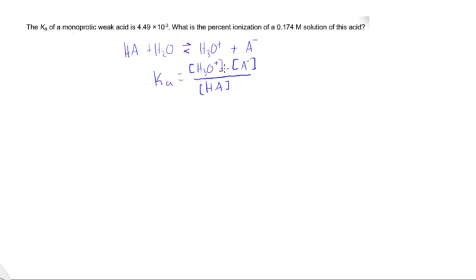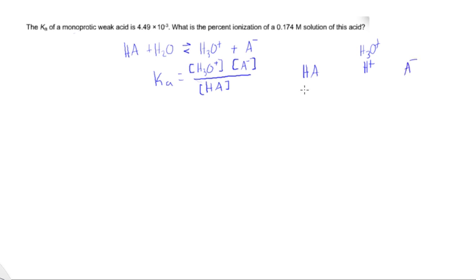Okay? And are we given the hydronium concentration? No. We are given the Ka. So it looks like we're going to have to do an ICE table. So we have HA, we have hydronium, or H plus, it doesn't matter, so I'm going to put H plus for right now, knowing that that is the same as this, and A minus.